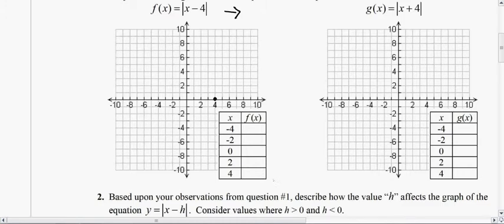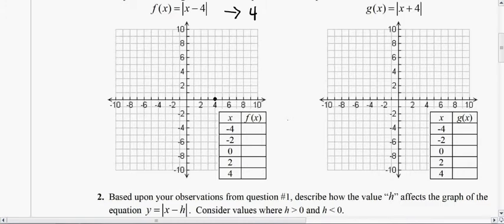I'm also going to fill in the table of values. That's going to help me be more accurate about where my points are going to go. I know that my graph is shifting to the right 4 units everywhere, but it's still going to be helpful to have a little table of values, and I'll use the one that they're giving me here.